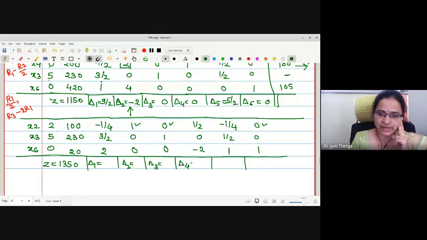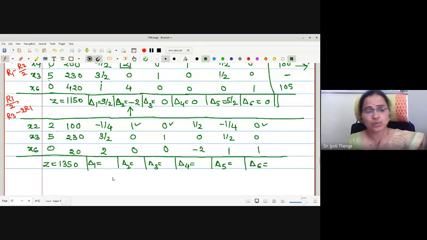There is no need to actually write the deltas; you can write the values directly there. One thing we know: net evaluation corresponding to a basic variable is 0. Therefore let us write delta 2, delta 3, delta 6 as 0. Calculate for the remaining. Delta 1.